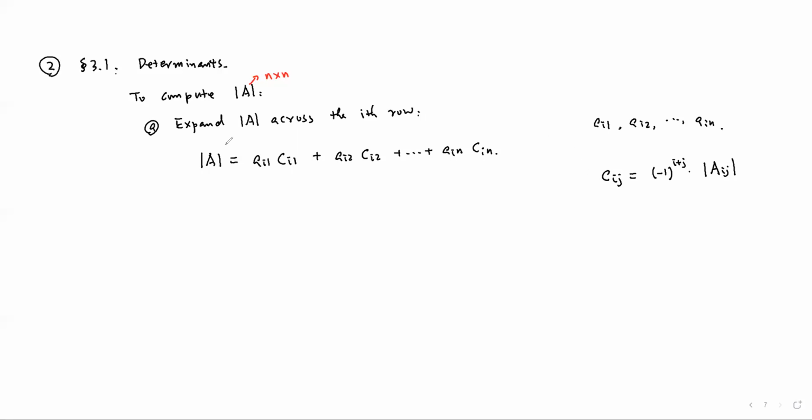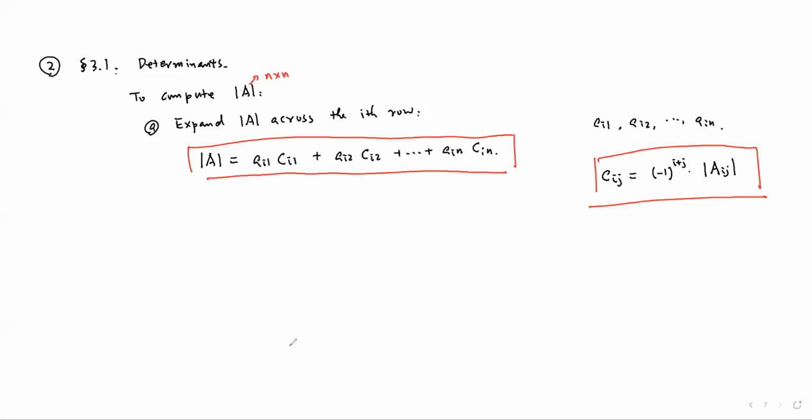Okay, write down these formulas on your formula sheet. Second formula: you can expand a determinant down any column, say the jth column.